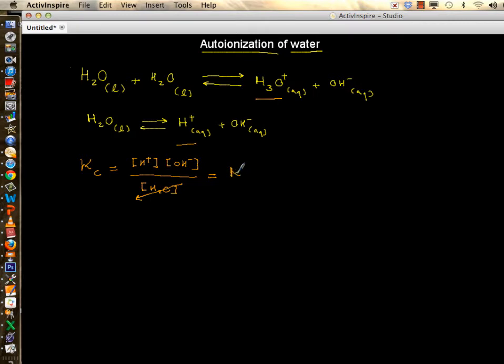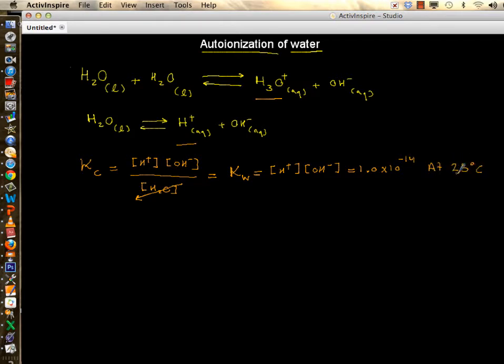And since this is the dissociation of water, you can just put subscript W instead of c: Kw is equal to H plus times OH minus. Now when we measure, this constant is equal to 1 times 10 to the minus 14, of course at 25 degrees Celsius.